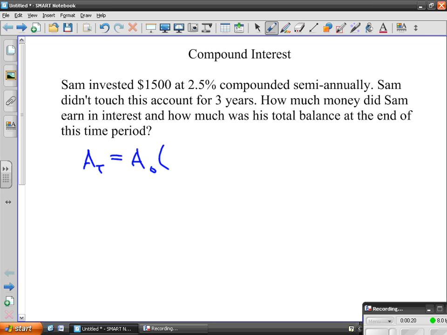It starts with your total amount of money is equal to your original amount of money times 1 plus the interest rate divided by the number of compoundings annually, taken to the number of compoundings annually times the number of times. And again, I know that sounds confusing and it looks confusing, but I have faith in you. So this A is the total amount. The second A with sub 0 is the original amount.